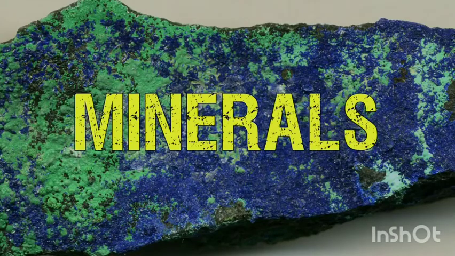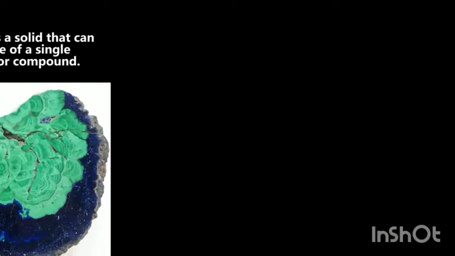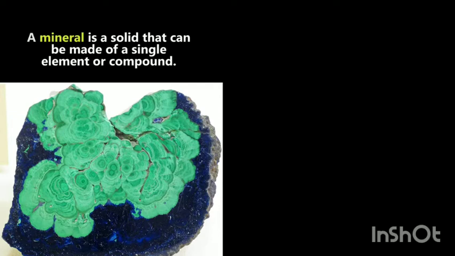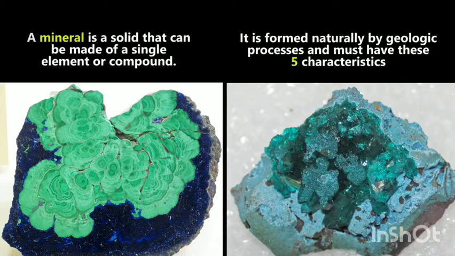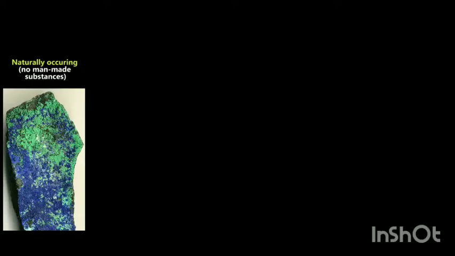Now, minerals. A mineral is a solid that can be made of a single element or compound. Note, the element can be silica, it can be carbonate, and it is formed naturally, non-man-made.